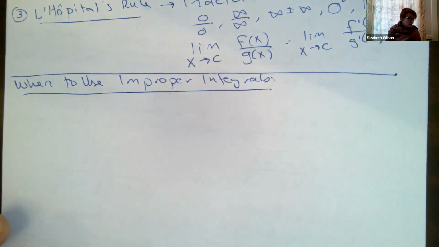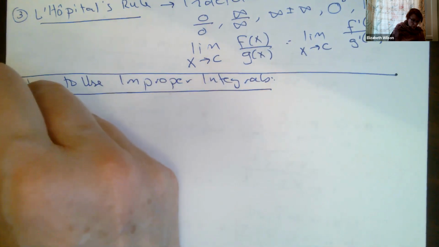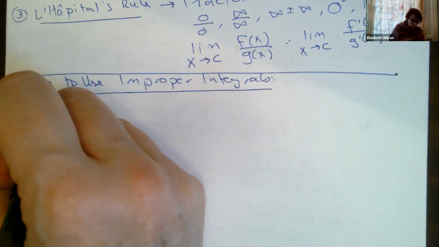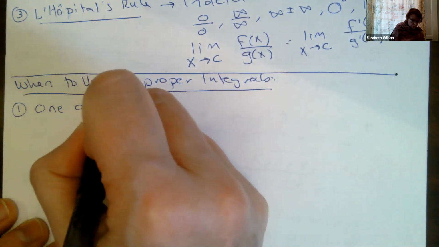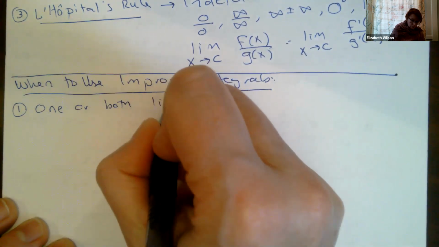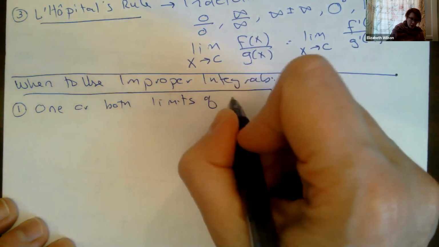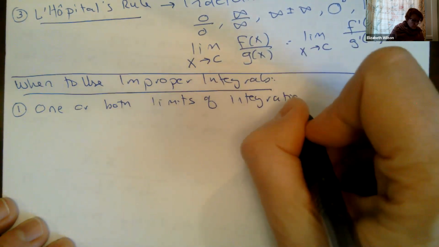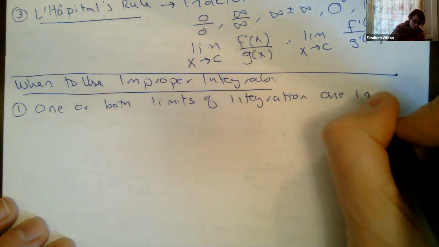So when do we use improper integrals? We use it in a couple of different cases. The first case is when one or both limits of integration, our bounds of integration, are infinite.